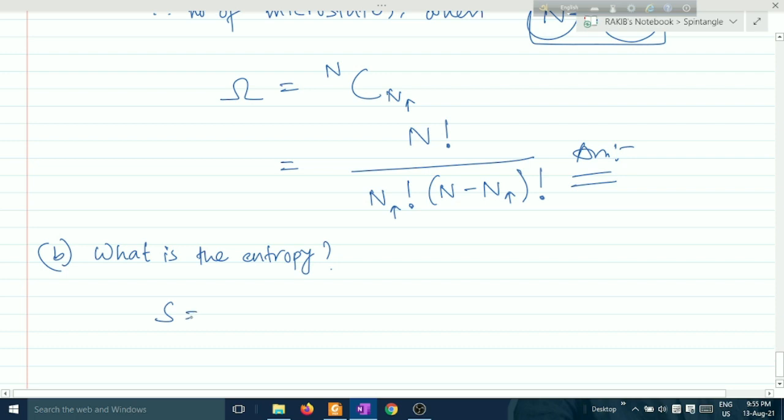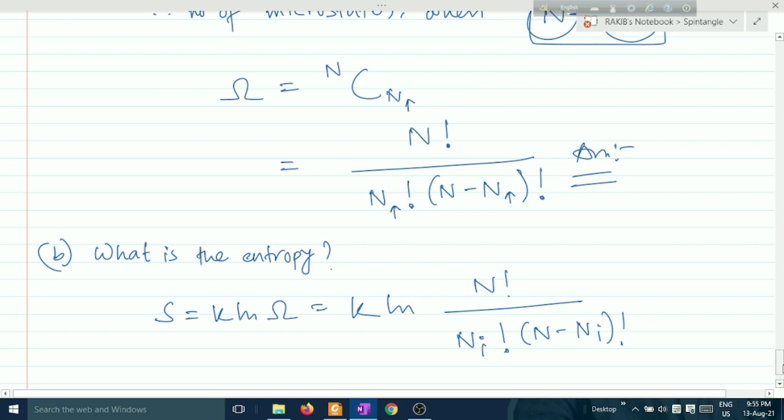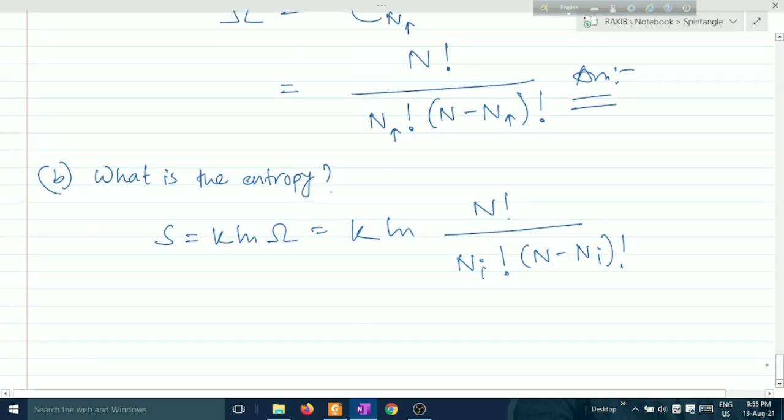Entropy is given by S equals K ln omega. This means you have the omega here. This becomes K ln of N factorial upon N up factorial times N minus N up factorial, putting omega from the above formula. This is the answer, but for a better result you have to use Stirling's approximation.